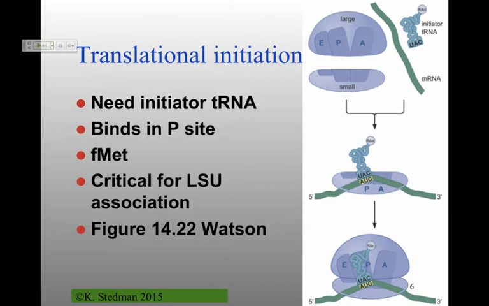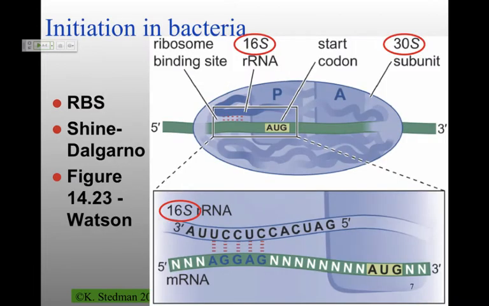This is where we now diverge between bacteria and eukarya. In bacteria, there's something called the Shine-Dalgarno sequence. It's not important what that sequence is, it's just important what the name of it is, because it actually varies from bacteria to bacteria. So E. coli is a little bit different than Bacillus subtilis, which is different from Clostridium, et cetera. But that particular sequence is always present in your messenger RNA, and it base pairs with a very specific sequence in the 16S ribosomal RNA.